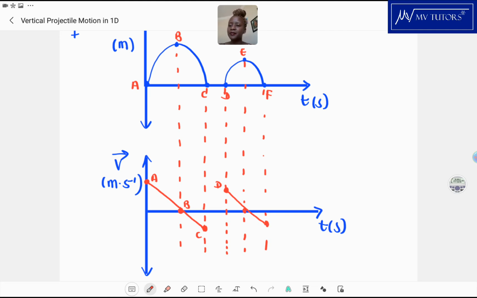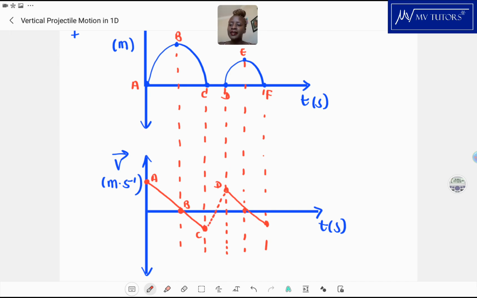And so basically that's your initial velocity for the first bounce, and then the maximum velocity for the first bounce. Then you have that contact with the ground between C and D. You can indicate it by using dotted lines, or you can just leave it. It's up to you.